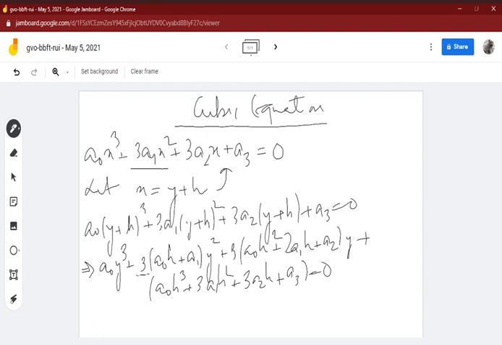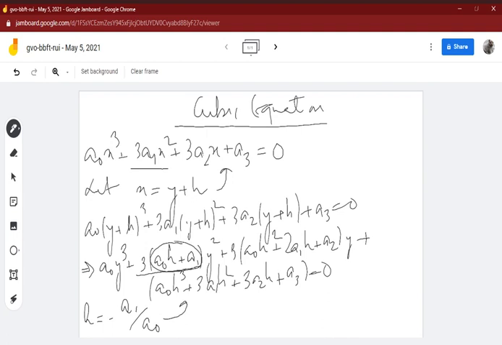Now since we don't want the second term, this part will be 0, which implies h is equal to minus a1 by a0. So the value of h will be minus a1 by a0.